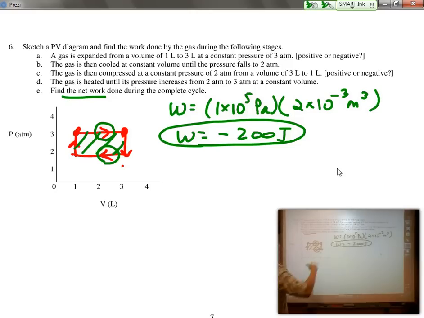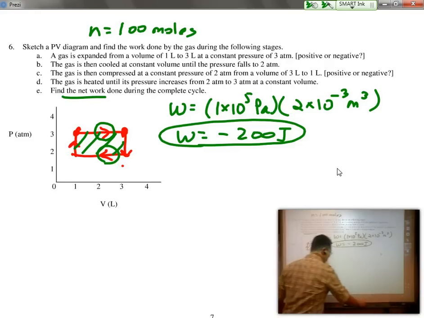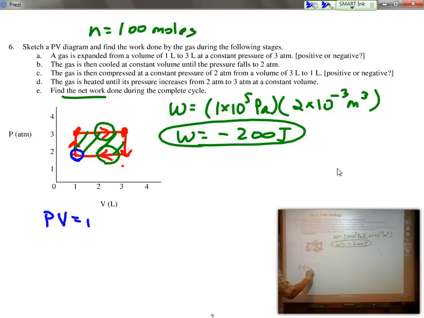So overall, let's say that there are a total of 100 moles of gas. And I want to find what is the temperature at that bottom left corner. The temperature at the bottom left corner would simply be solved for using PV equals nRT. Temperature would equal PV over nR.